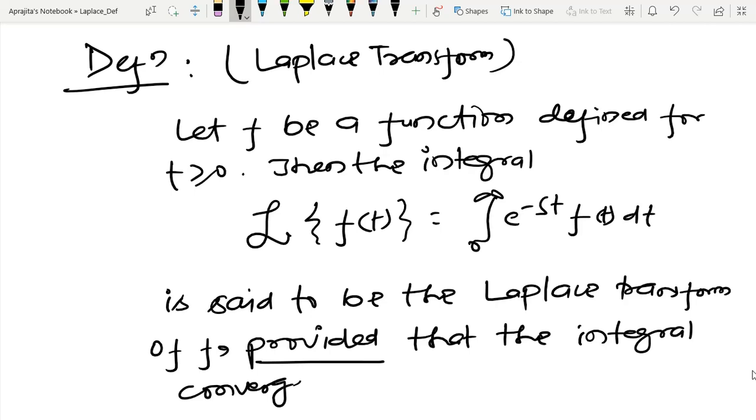So this is a very important restriction: any integral of this form I cannot interpret as a Laplace transform. I can only interpret this transform as a Laplace transform when it is possible to guarantee that the integral will converge. If we are unable to guarantee that, then I cannot interpret it as a Laplace transform.